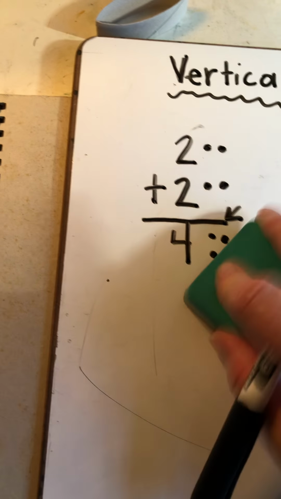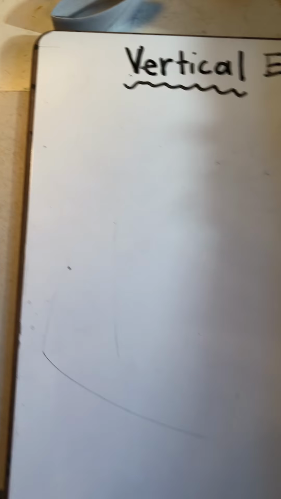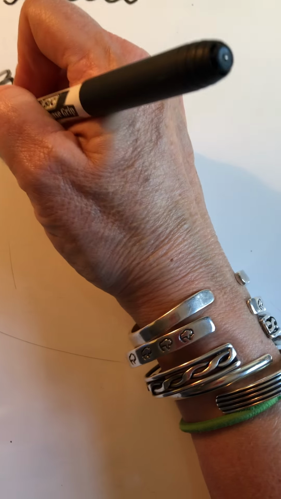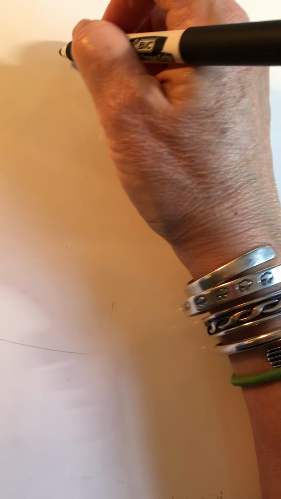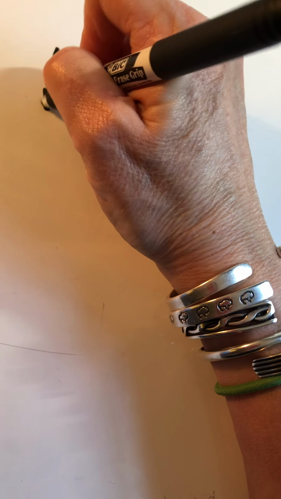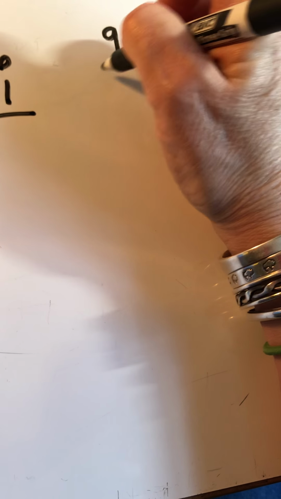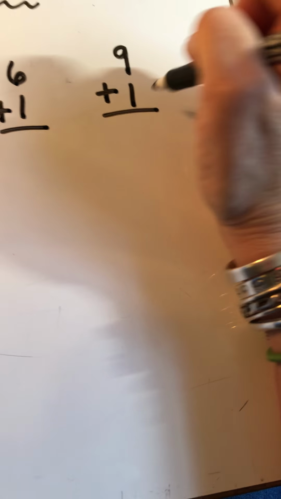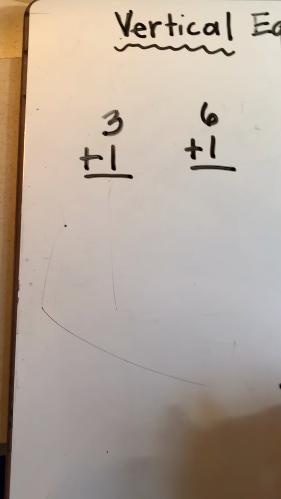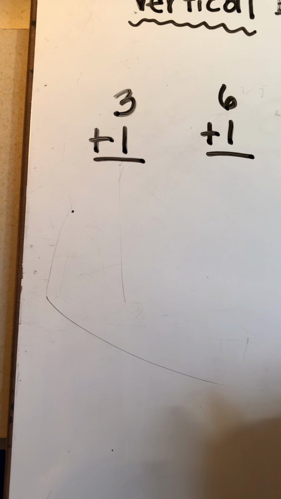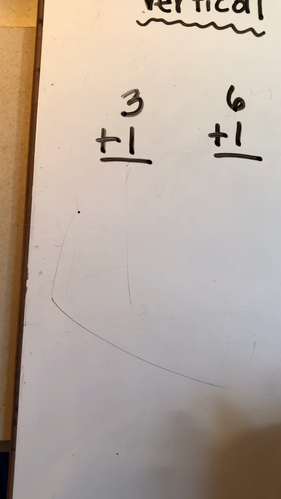So let's do a few more like this, just to get practicing, seeing what they look like. So I'm going to write out a couple of problems. And now let's go through. You can do these the same way as you've been doing your horizontal math sentences.